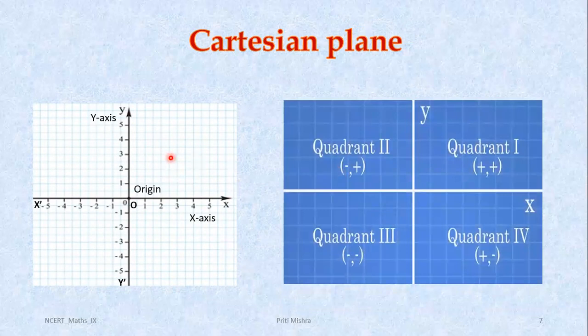Now you can see these axes are dividing this whole plane into 4 parts. So the first part we call the first quadrant, this is the second quadrant, this is the third quadrant, and the last one is the fourth quadrant.